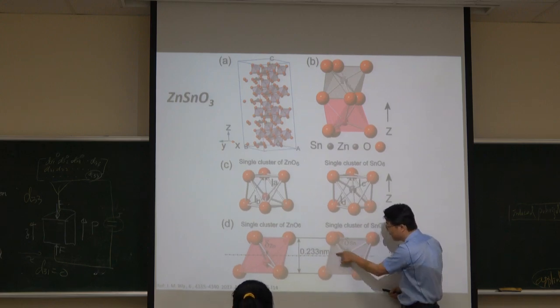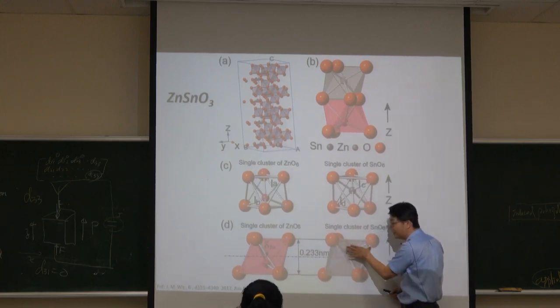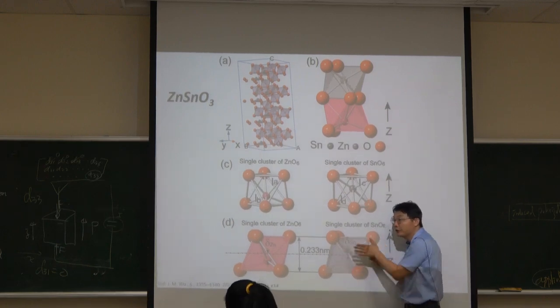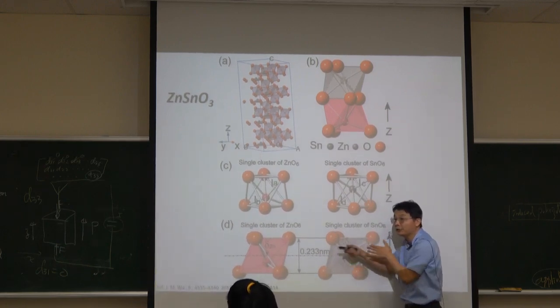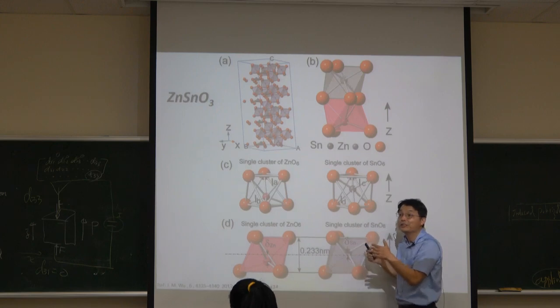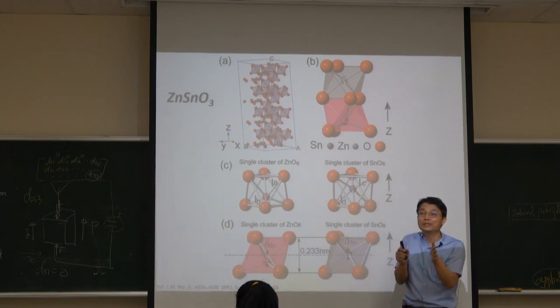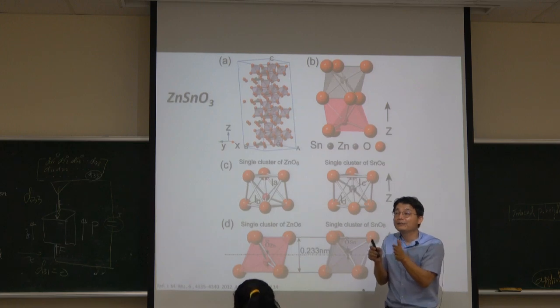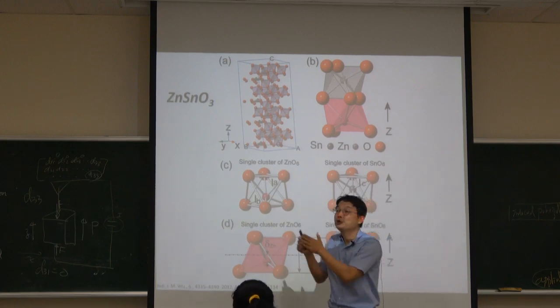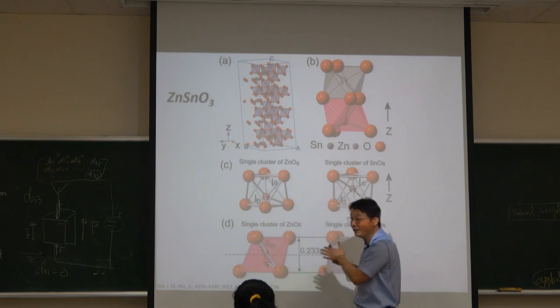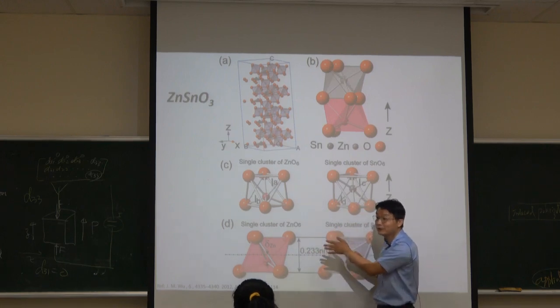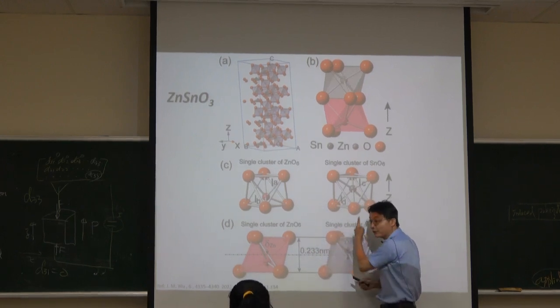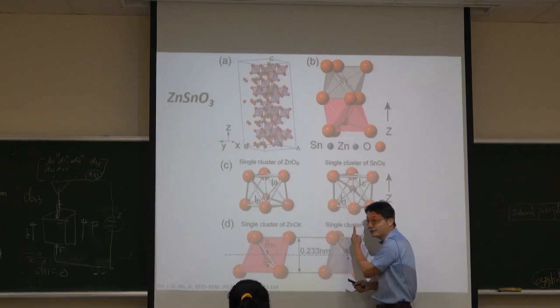But if we look at the x direction, there is a symmetry, so there is no net polarization in the x direction. It is simple: you just need to monitor what polarization the material has, and in which direction. This is similar to zinc oxide, so they have the net polarization on the z-axis.